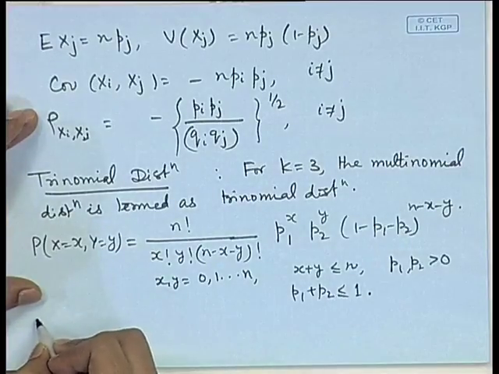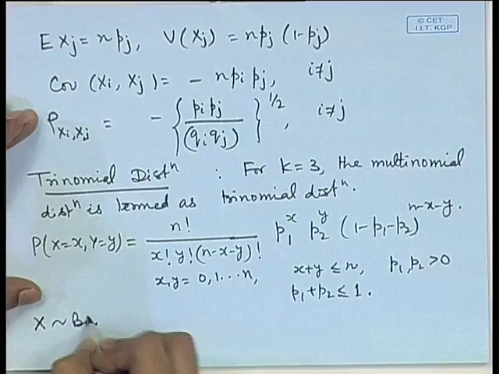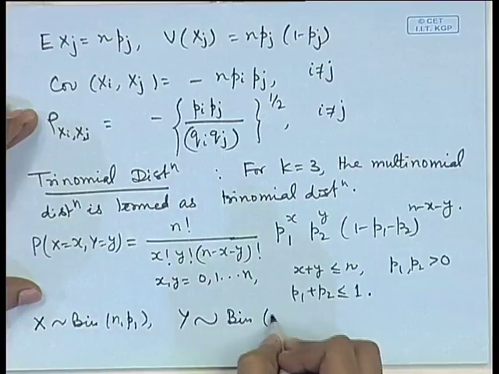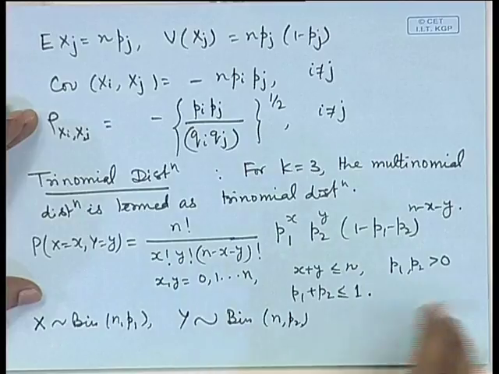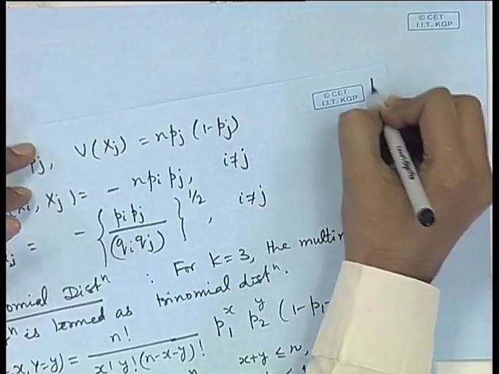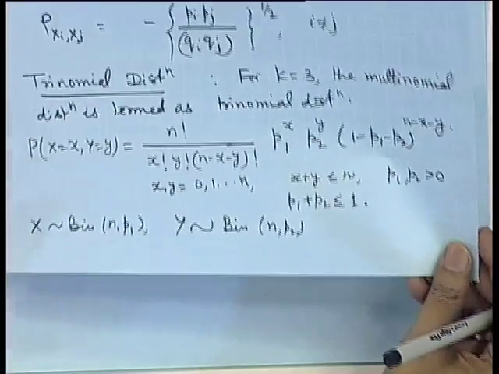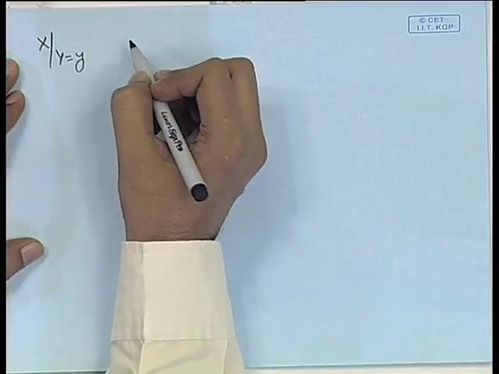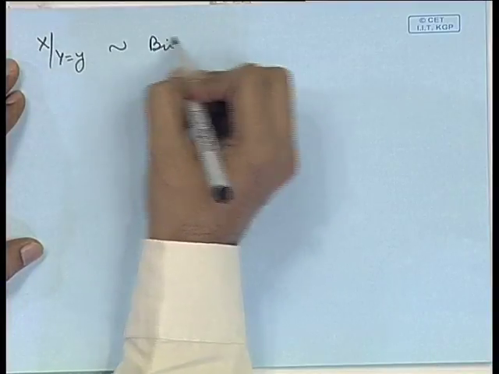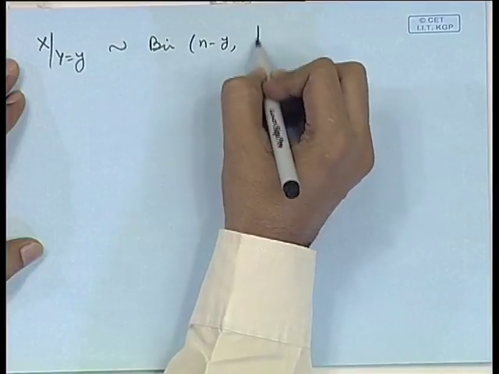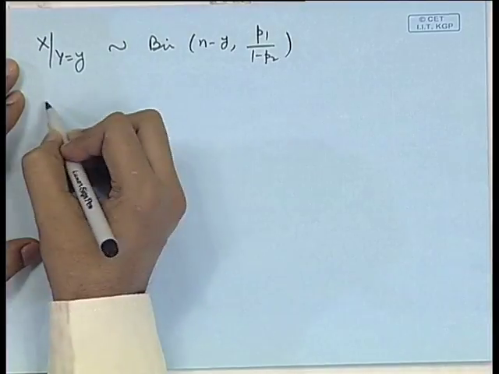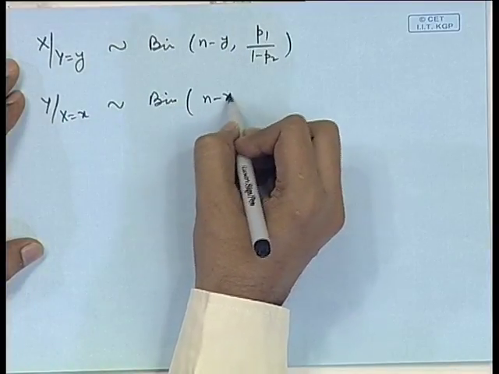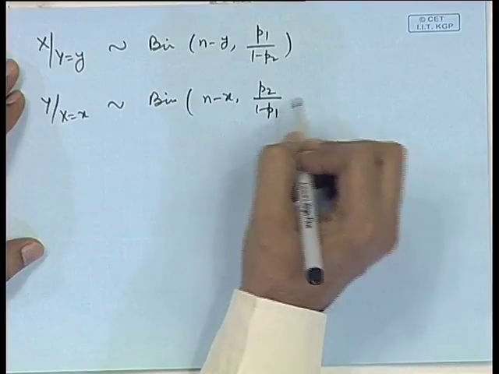So, here if I look at the marginal distribution of x, that will be binomial n, p 1. If I look at the marginal distribution of y, that will be binomial n, p 2. Not only that, if we look at the conditional distributions of x given y and y given x, then the conditional distribution of x given y is binomial (n minus y, p 1 by 1 minus p 2), and y given x is binomial (n minus x, p 2 by 1 minus p 1).